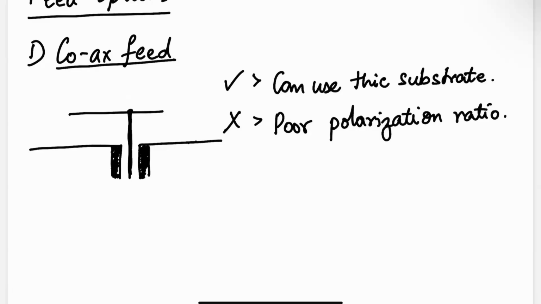The reason behind that is that if you look at this from above, you have your patch like that, and you have a feed here. Now the fields coming from the feed for a coaxial line are radially outward.